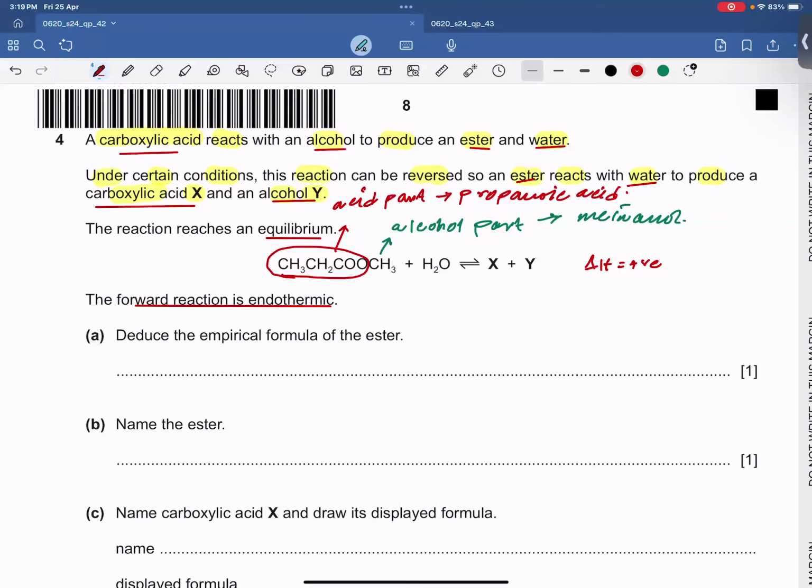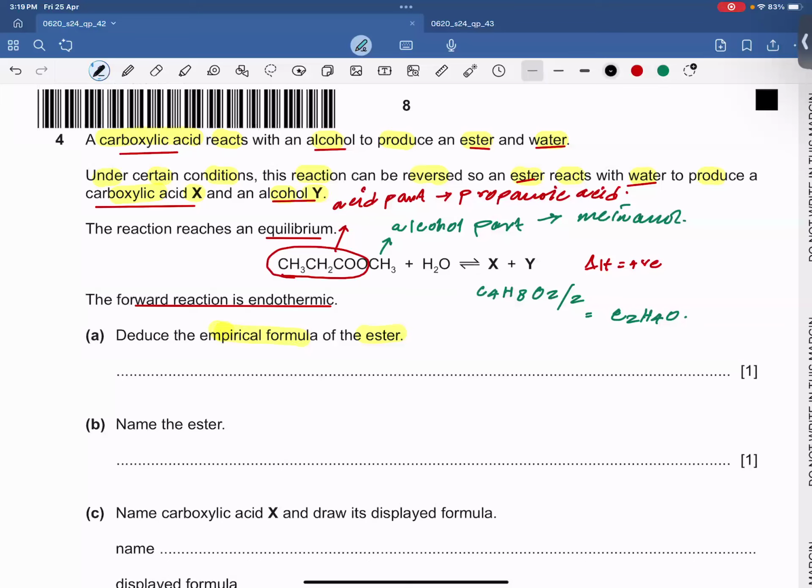Deduce the empirical formula of this ester. Okay. So we have how many carbon atoms? 1, 2, 3, 4 carbon atoms. We have how many hydrogen? 8 hydrogen atoms. We have 2 oxygen atoms. So when we divide by 2, it's going to be C2H4O.